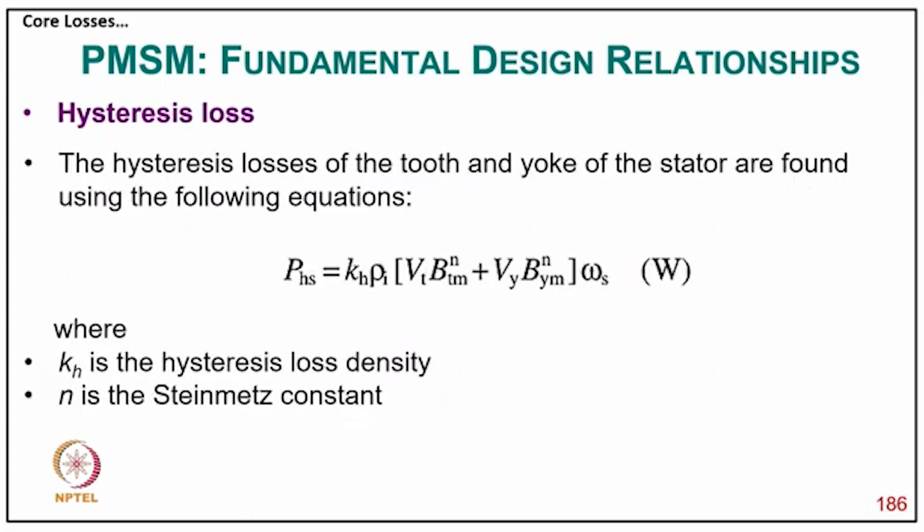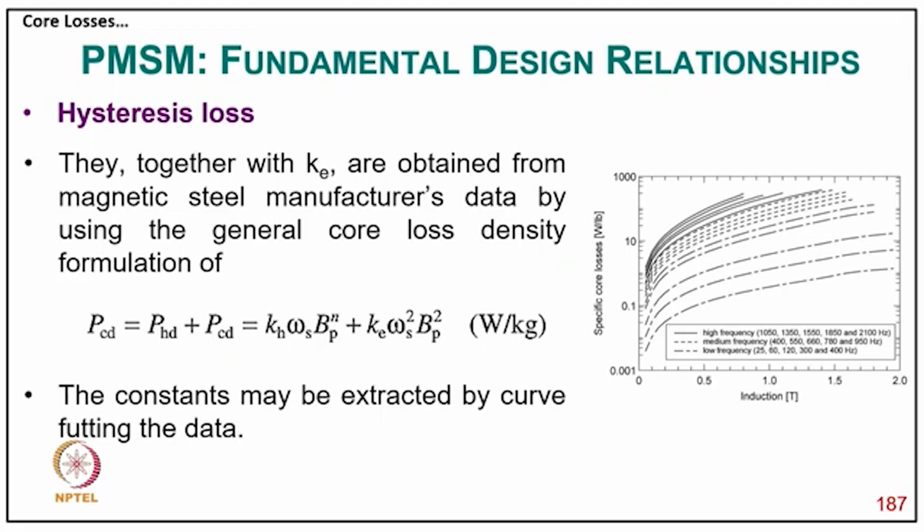Now coming to hysteresis loss, the hysteresis loss of the teeth and yoke of the stator is found using the following relation: Ph equal to Kh into rho I in bracket Vt Btm to the power n plus Vy into Bym to the power n into omega s in watts, where Kh is the hysteresis loss density and n is the estimated constant.